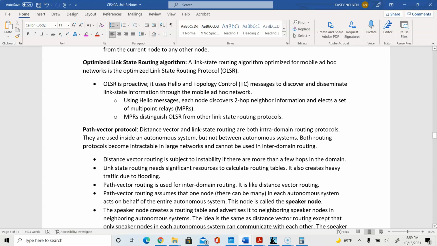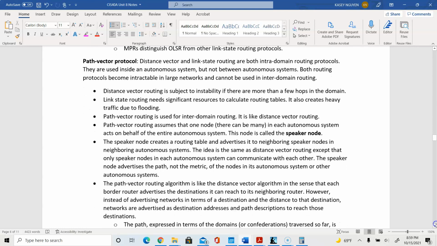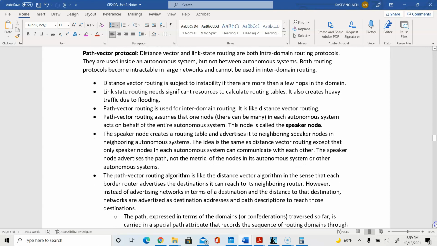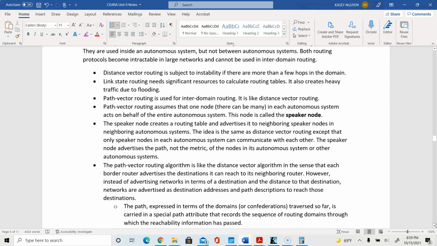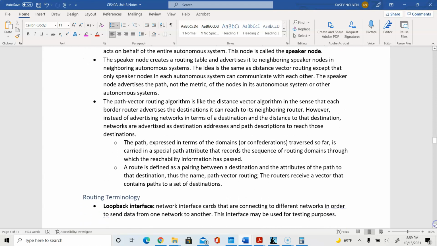It's going to use the speaker node to communicate with other speaker nodes, and it's going to advertise its path, not the metric. That way the other routers will learn about its path and be able to communicate. So here it expanded more on the path vector algorithm.